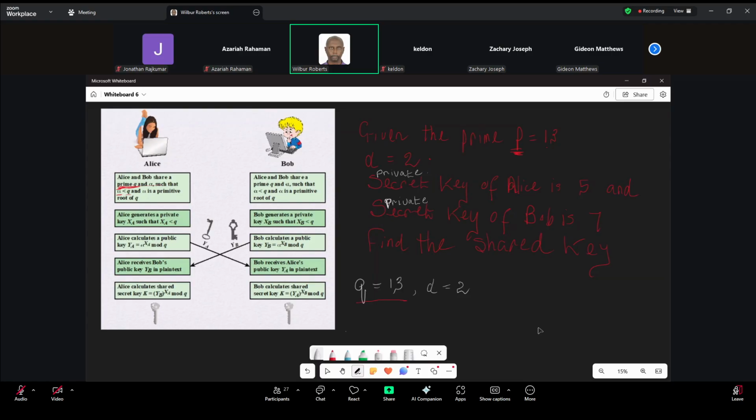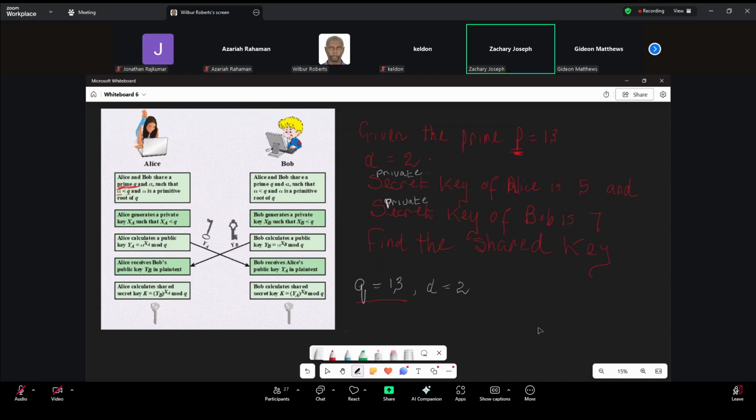If you get the answer, you should be able to tell me this. The private or secret key of Alice is 5.